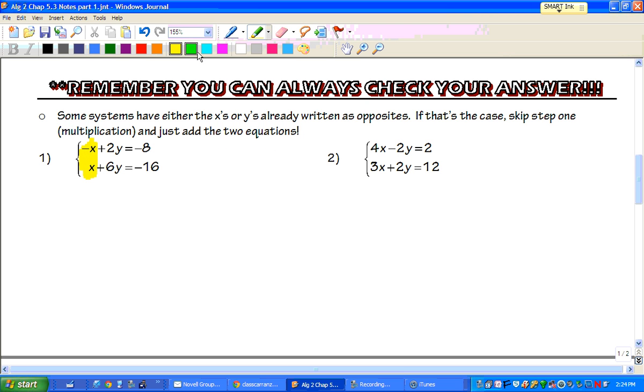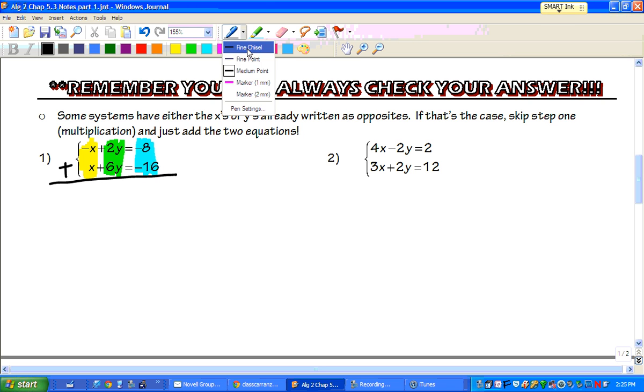So let's take a look. I like to highlight everything so I can see where everything's at. See how the x's are opposites right there? So what we would do is turn this into a giant addition problem, and we're going to add all the columns up. So my x's, negative x plus x, those cancel, and we're left with 8y equals negative 24.